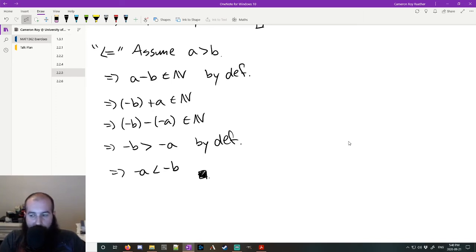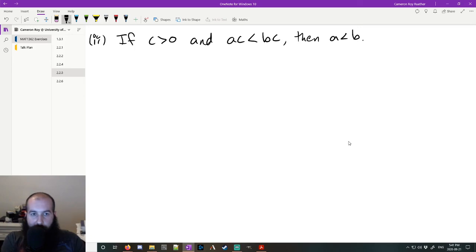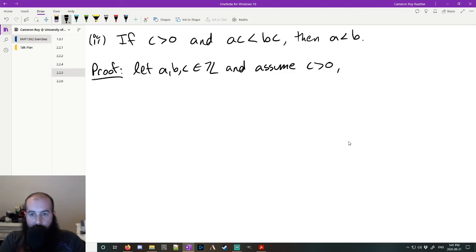completing the proof. Part 2 is to prove that if c is greater than 0 and ac is less than bc, then we can conclude that a is less than b. This is going to use one of the results we just proved. So proof. Let's get our assumption set up. Let a, b, and c be integers, and assume that c is greater than 0 and AC is less than BC.